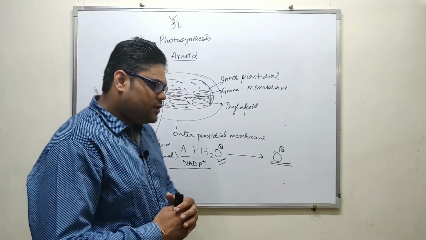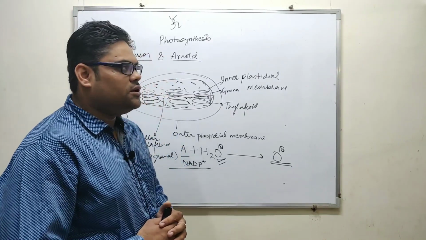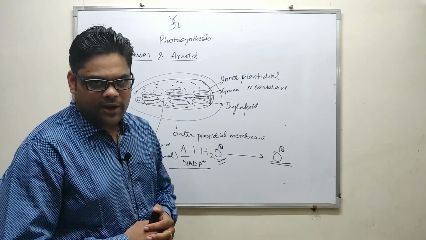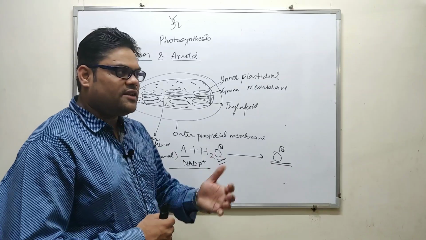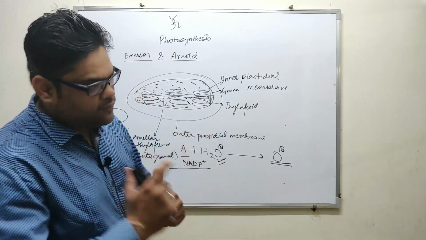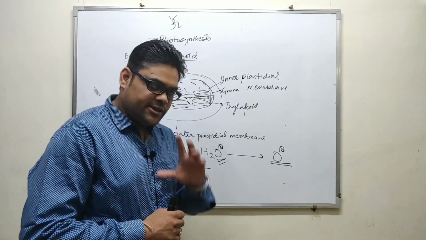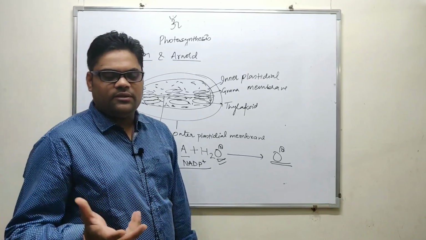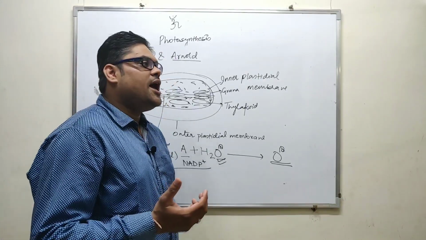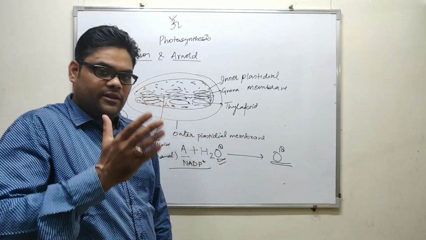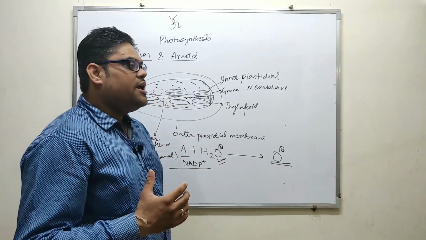The experiment of Van Niel was not on algae, actually it was on sulfur bacteria. In these bacteria, instead of oxygen, a sulfur globule is liberated, because they are sulfur containing bacteria.